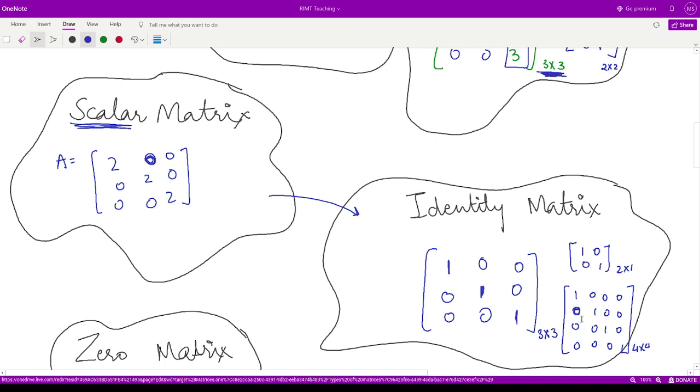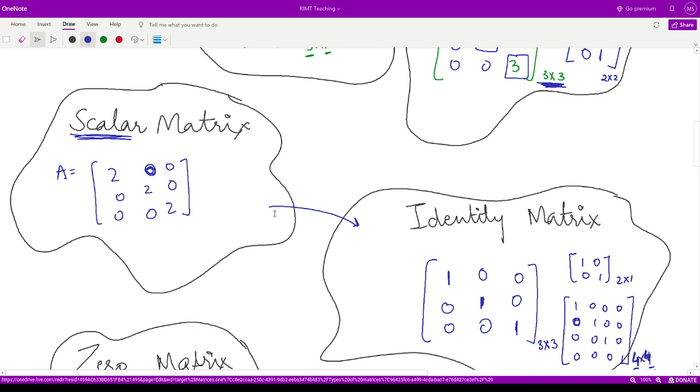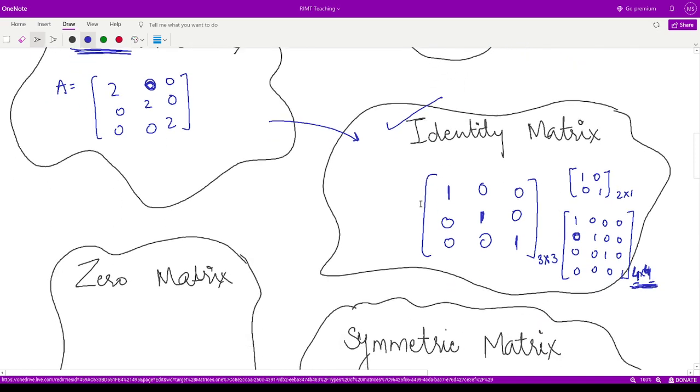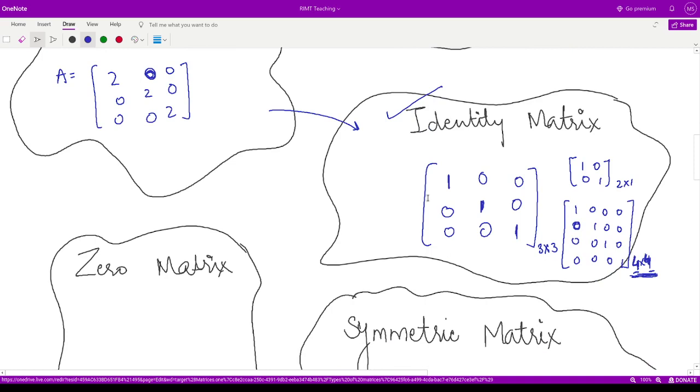In this case we have a 4 cross 4 order matrix with 4 as the number of rows and 4 as the number of columns, and on the diagonal we have the number 1. So you see we have to have a square matrix. It should be diagonal, it should be a scalar matrix, and moreover the scalar that we are using has to be 1. So this is the identity matrix. This is a very useful matrix in many cases. We will see later how.